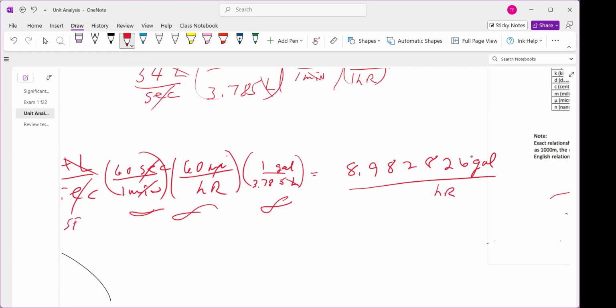We need to convert this to 2 sig figs. The third digit kicks that up. What's 1 more than 9? 10. So that makes that a 0.